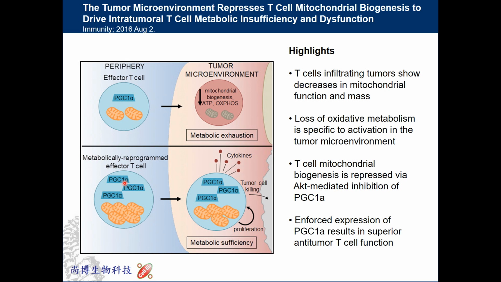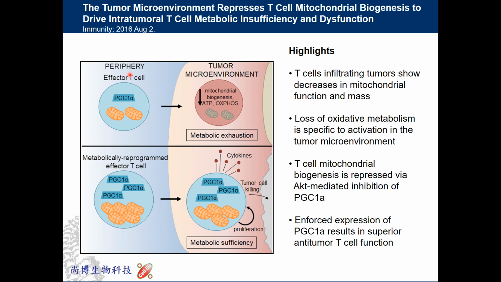And let me show you a very interesting paper to show what we could do with the mitochondria. The major role of this paper is the effector T cell. The effector T cell is trying to kill a tumor cell, but the tumor cell has already built a tumor microenvironment to fight the immune cell.